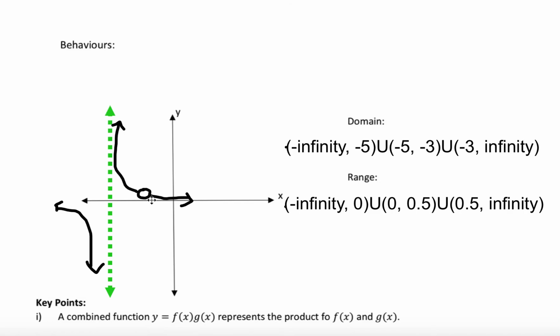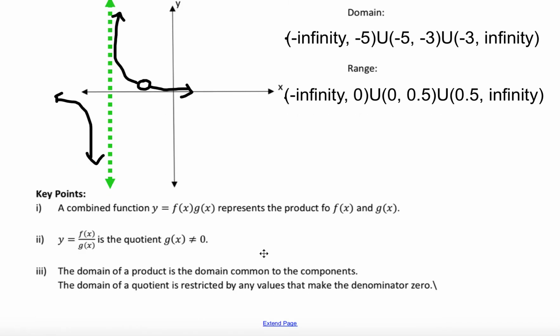The same thing is happening here with my range, but we found out that was 0.5 by subbing -3 into our discontinuity. And a few key points here: we're representing the product of two functions. We've got our discontinuity, and the domain and range are constant.